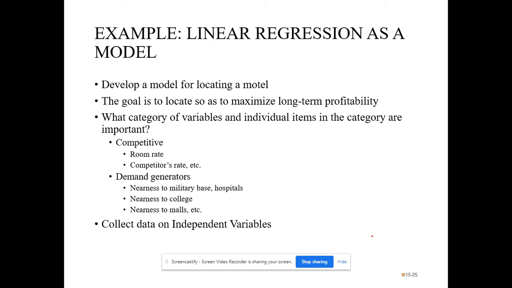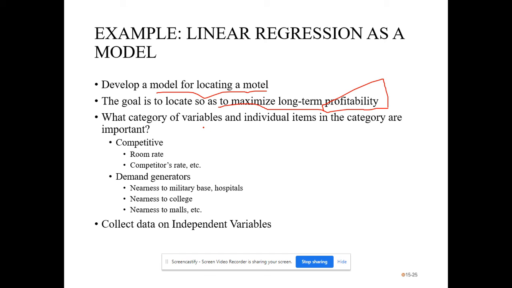For example, we have a case where we want to develop a model for locating a motel. The objective function we are looking at, if you take it as a simple multivariate linear regression, has profitability as the dependent variable.